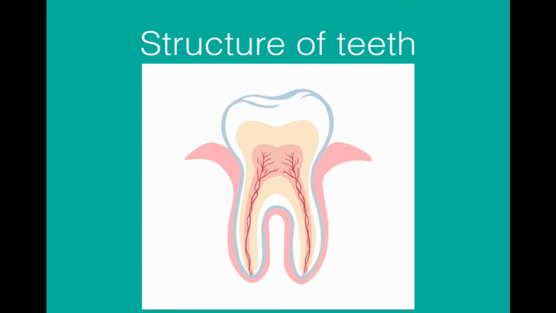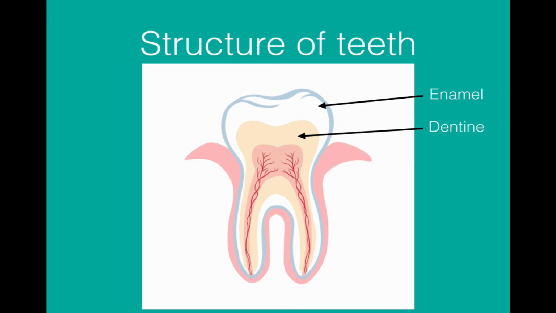So let's look at the structure of teeth. This is a diagram of a premolar. You can recognize it's a molar because it's got the forked roots. The outer casing of the tooth is called the enamel. It's the white part that you see in your mouth, and it protects your teeth, the underlying tissues, from the action of bacteria and enzymes.